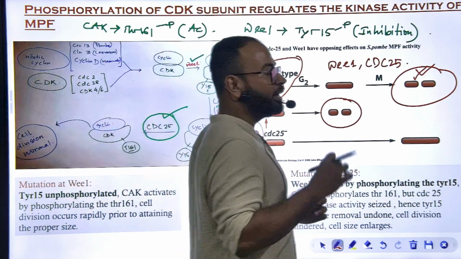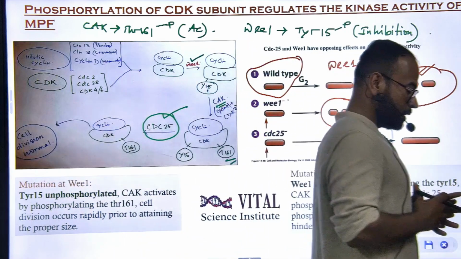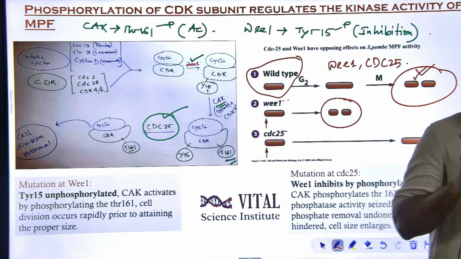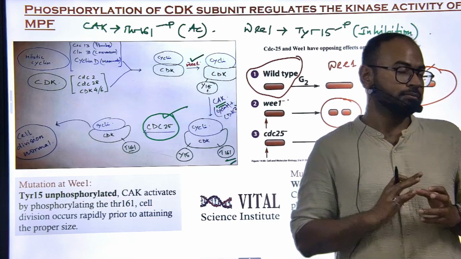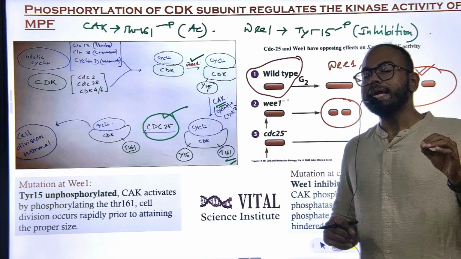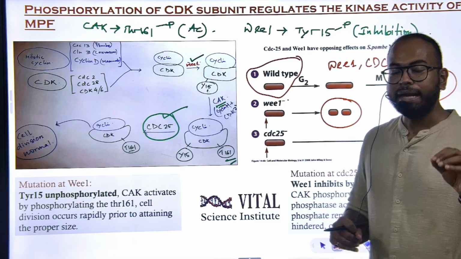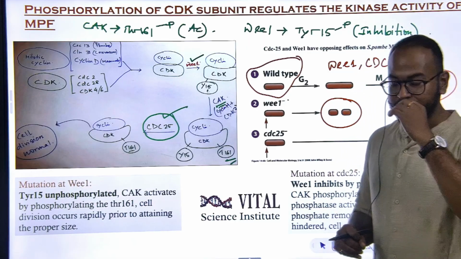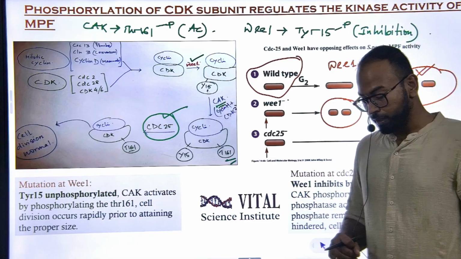I'm repeating myself, V1 mutant. So for V1 mutant, tyrosine 15 is unphosphorylated. CAK will phosphorylate at threonine 161, which is an activating function.